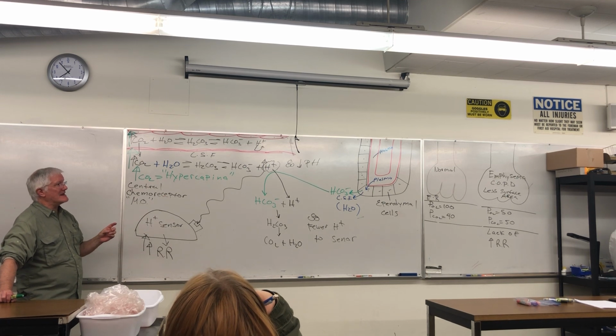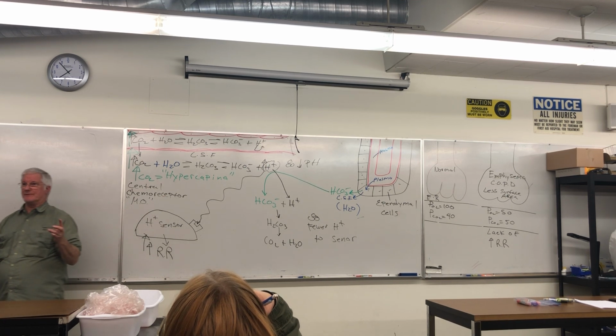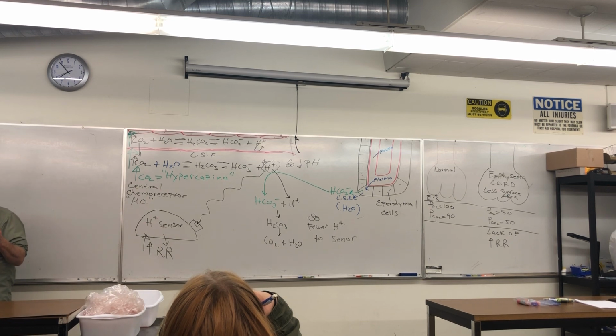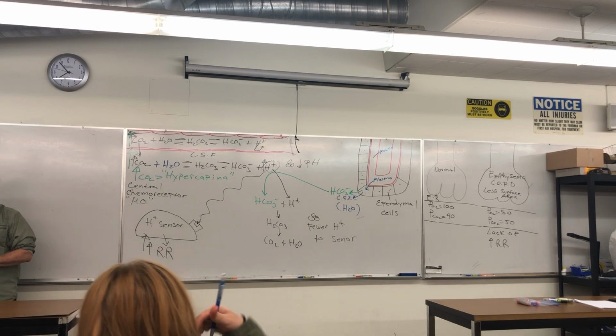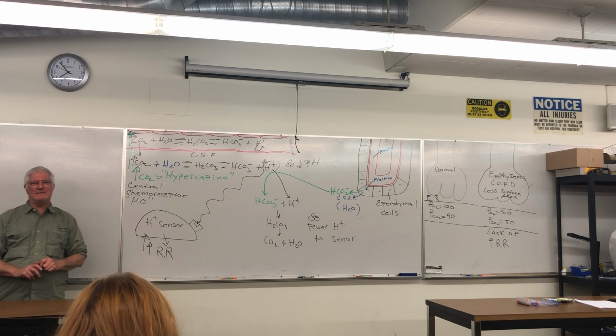What did I tell you about the peripheral chemoreceptors in terms of what they're responding to? They respond to dramatically low levels of PO2. Do you remember an example of a dramatically low PO2?